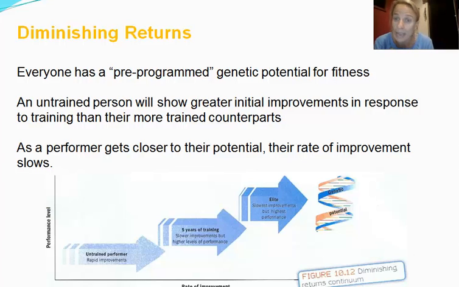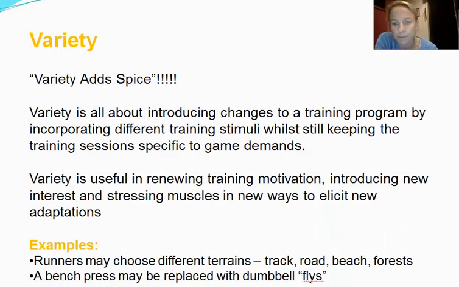Whereas someone who's smaller that changes, they don't lose as much. It's the same with this. The fitter you are, the closer you are to your genetic potential, the best that you can be, the smaller gains you'll get for your training. So when a beginner starts training, they improve a lot really quickly. But as they get better and better, they often do more training, but they only see smaller improvements.